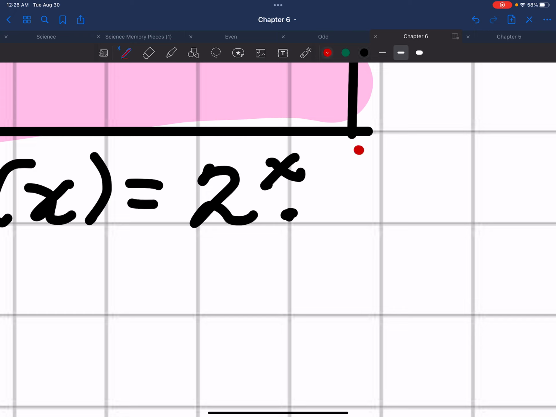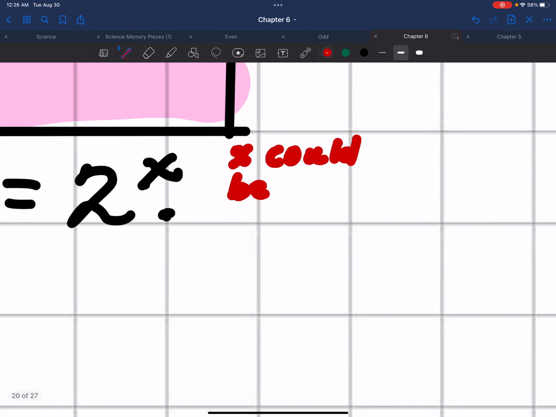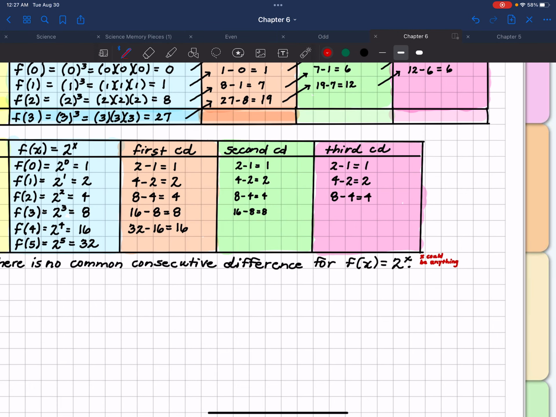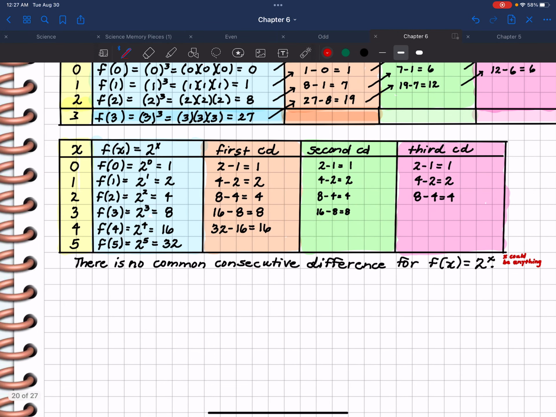X can literally be anything. And because of that, we'll never get a common consecutive difference. Because there is no finite condition on x. It could be anything you want it to be. So you could do this all day long and you'll never get a consecutive common difference for this function.